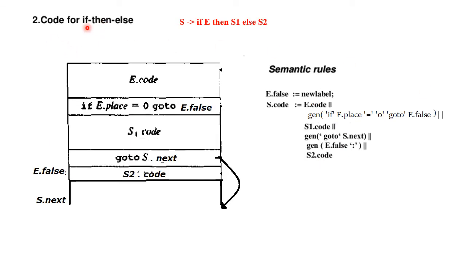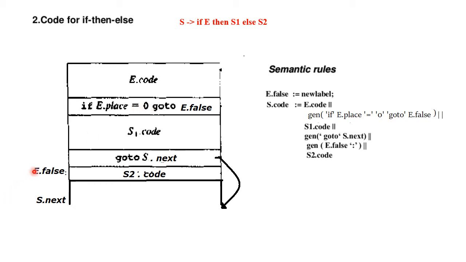Now consider if then else. If expression then statement S1 else statement S2. For example, if A greater than B, large equal to A, else large equal to B. E.code, in this example, A greater than B. E.code is the three address code corresponding to expression E. If E.place equal to 0, where we have to go? We have to go to else part.